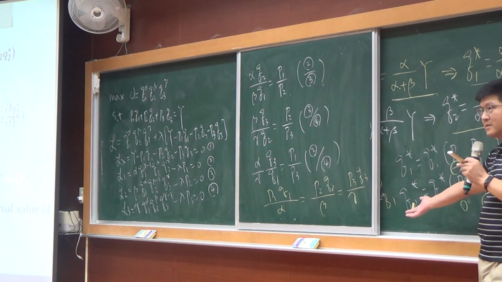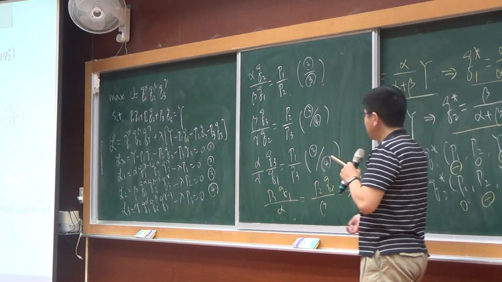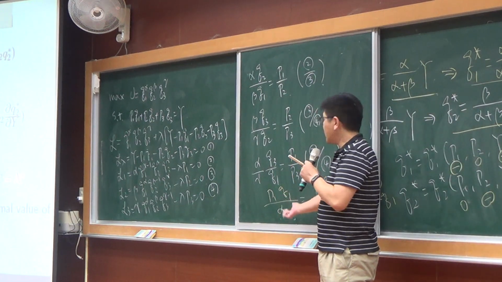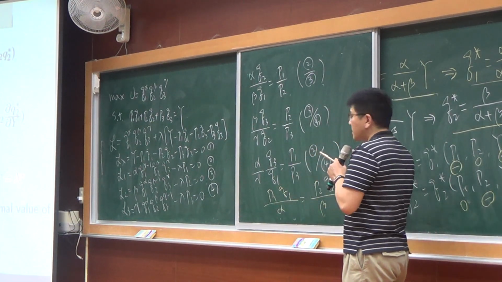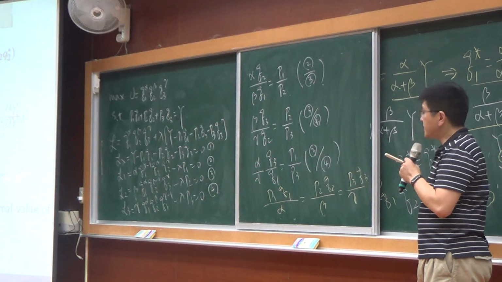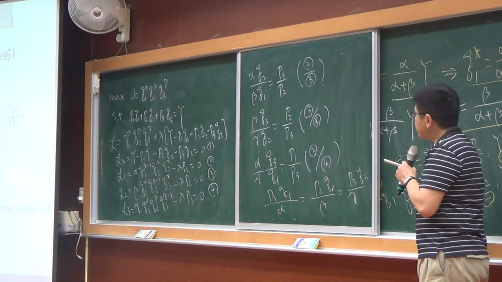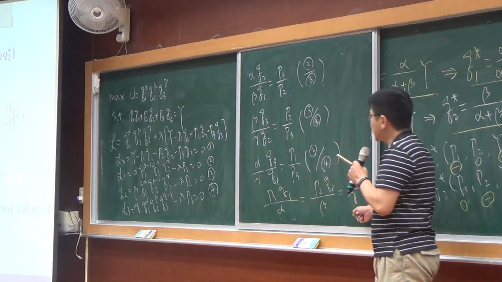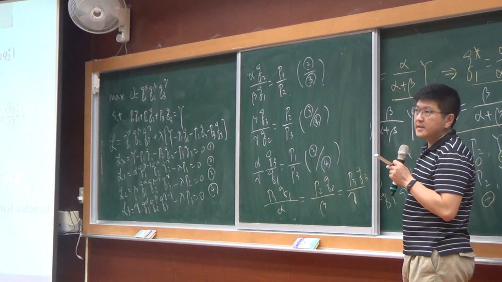Is that clear? The proportion you spend on commodity 1, commodity 2, commodity 3, I mean the relative expenditures, will be alpha to beta to gamma. Okay?